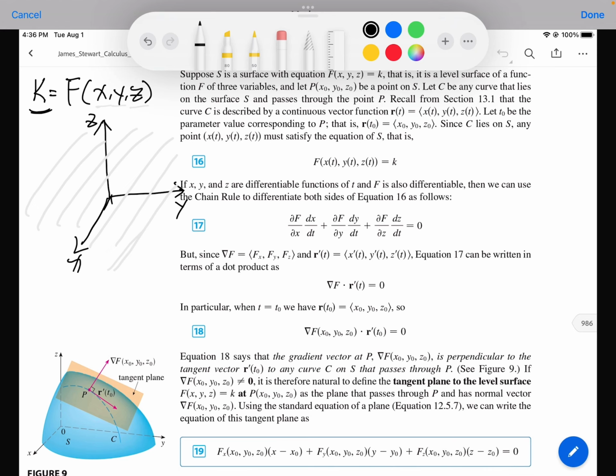So you can see down here, this is kind of an attempt at an illustration. Now we're not talking about level curves anymore. Level curves are what we have when we have f of x and y equals z.